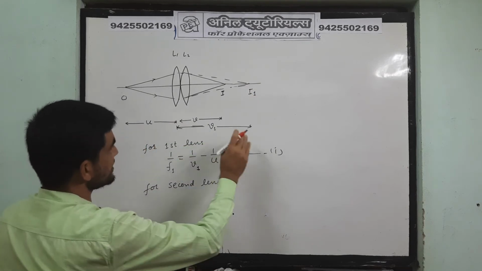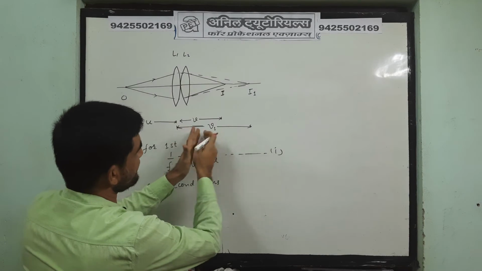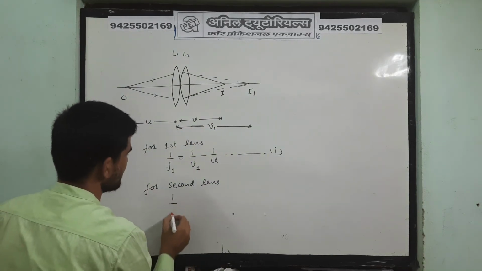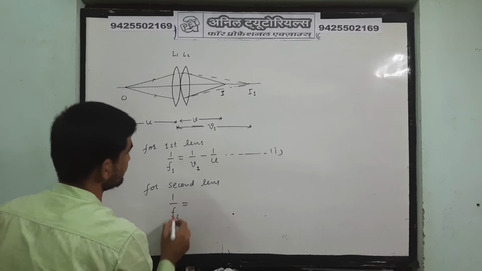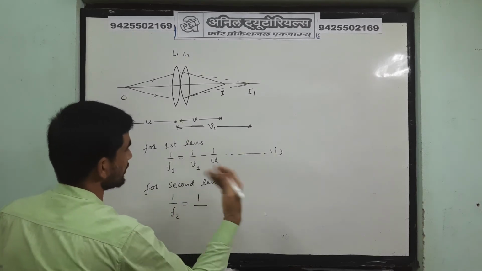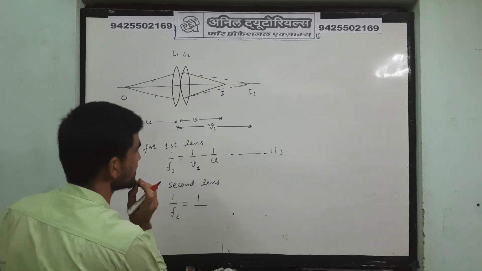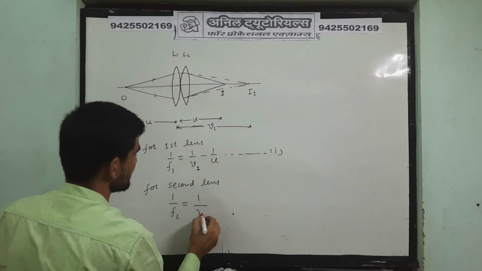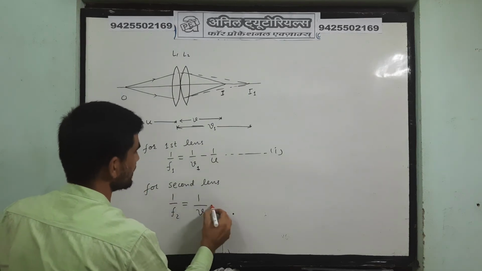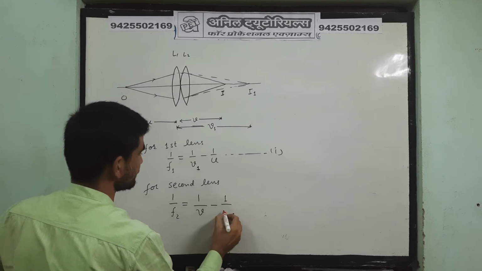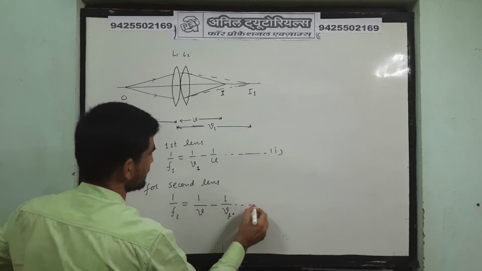So here the object distance is V1 and it is on the right side, so 1 upon f2 equals, the object is on the right side so it will be considered, and the final image is at v. No sign change, v1.